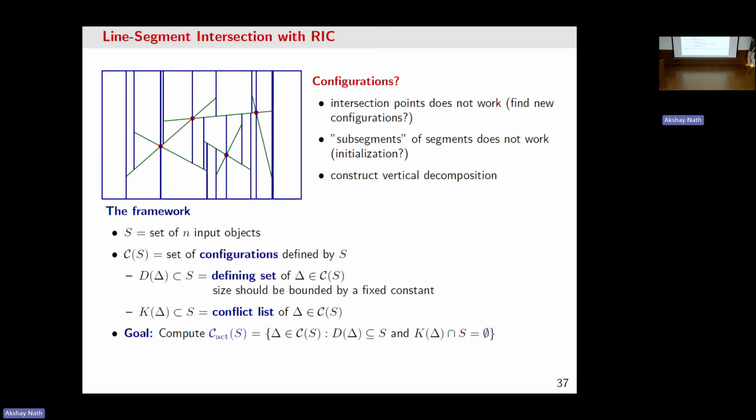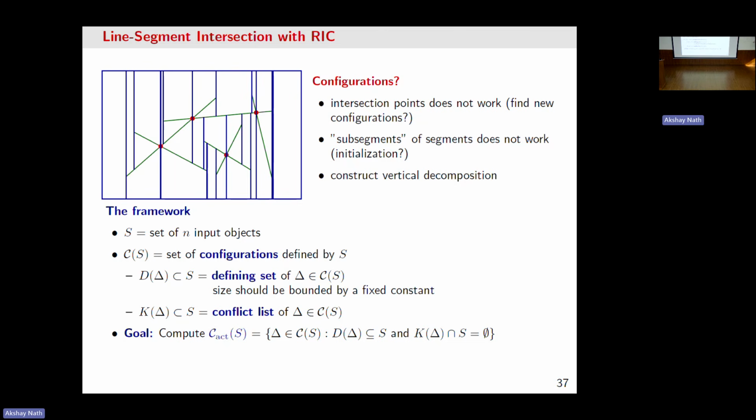That was this theorem saying something like expectation of number of trapezoids in, let's say, the vertical decomposition of the first J segments. How much is this?